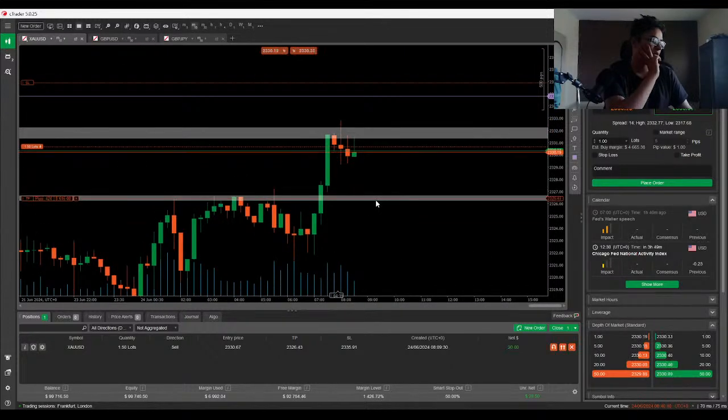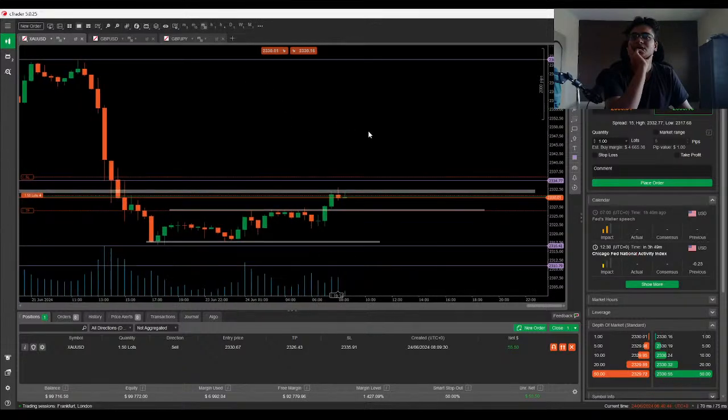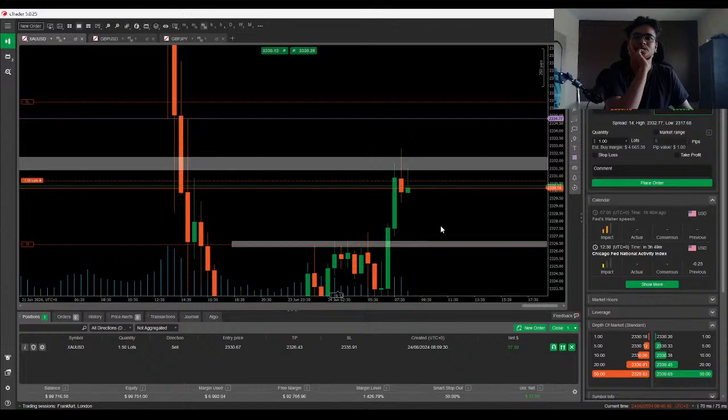We have the last 4 minutes left for this candle to close. Let's see what it does in the last 4 minutes.